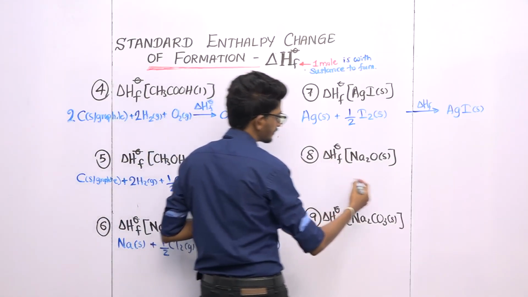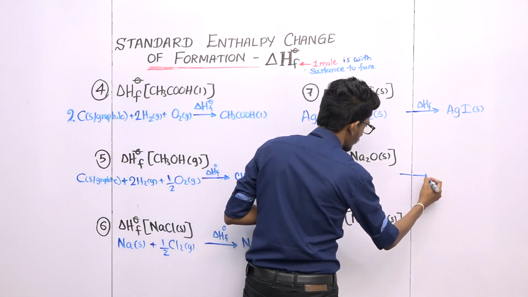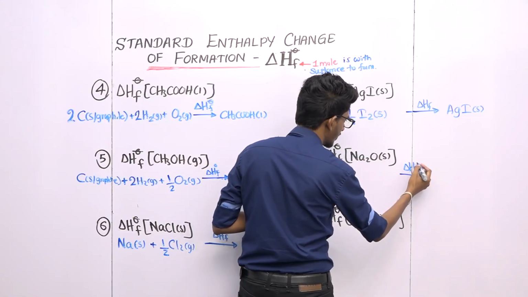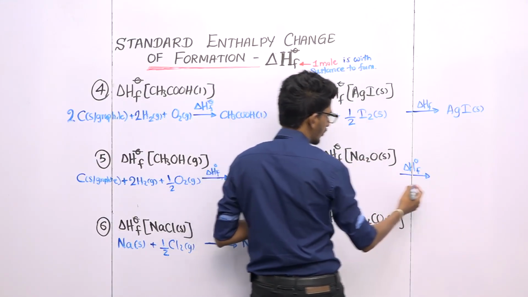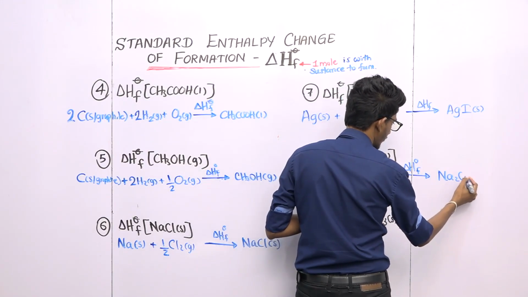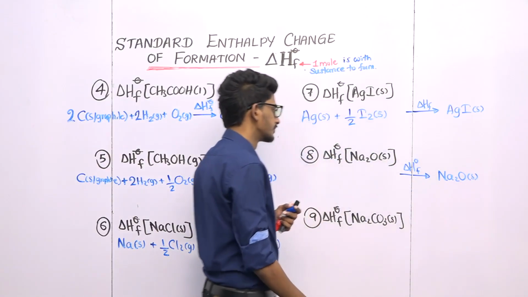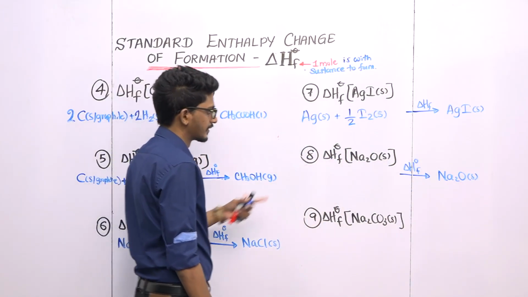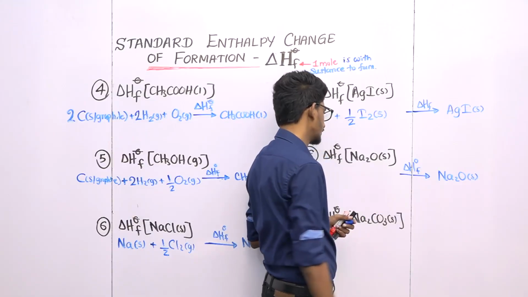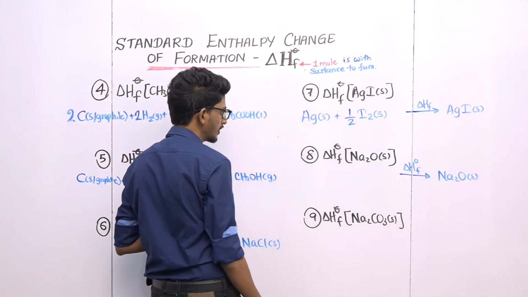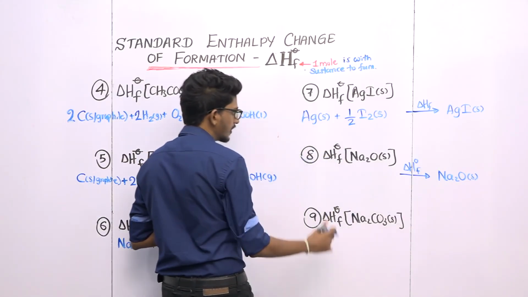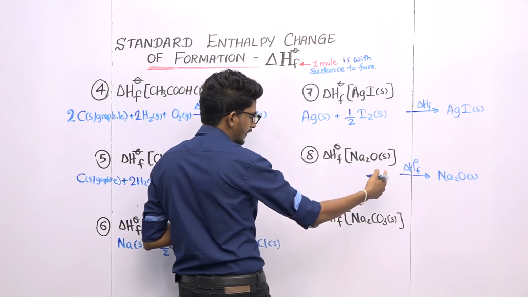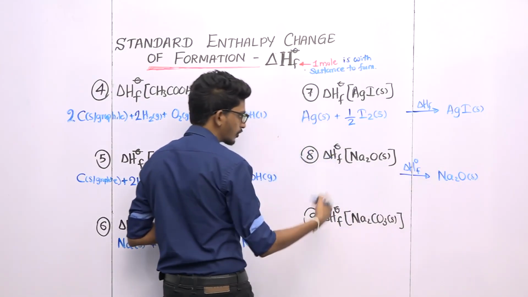So for this one, this is about the standard enthalpy change of formation of sodium oxide solid, Na2O solid, right? Let's balance this. Na2O solid, right? So the constituent elements are sodium and oxygen.